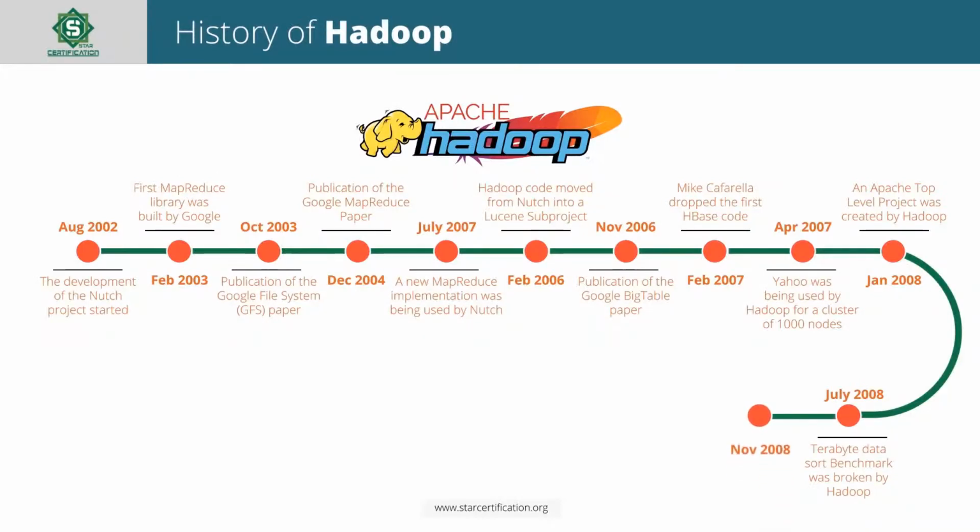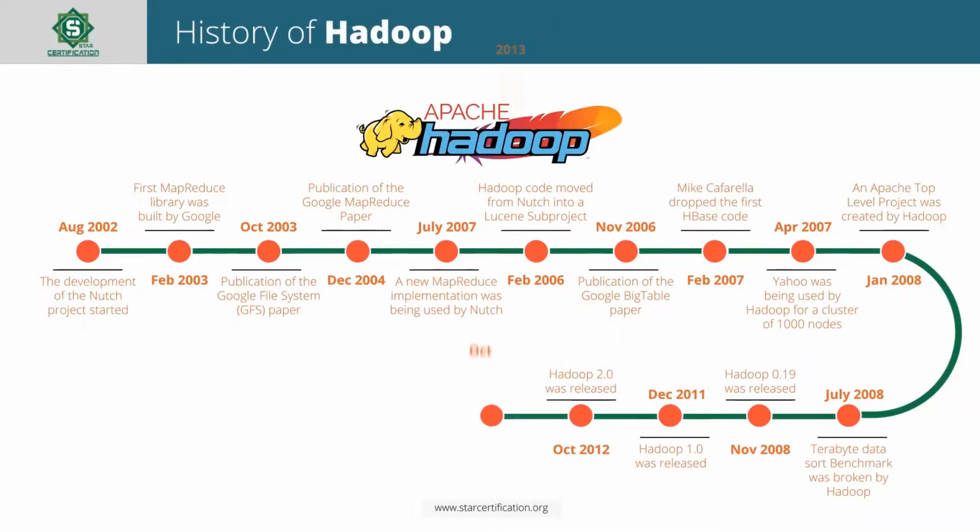November 2008, Hadoop 0.19 was released. December 2011, Hadoop 1.0 was released. October 2012, Hadoop 2.0 was released. October 2013, Hadoop 2.2.0 was released.